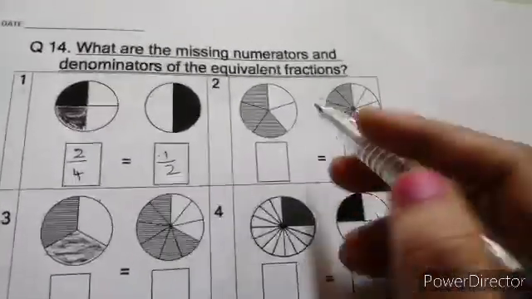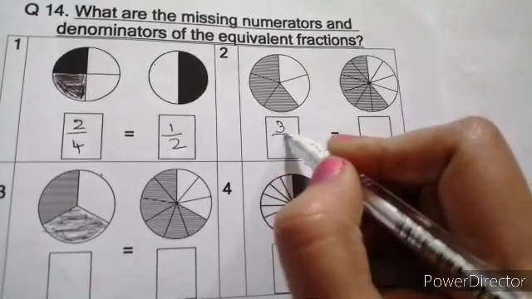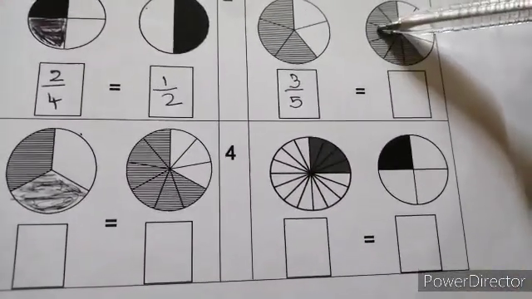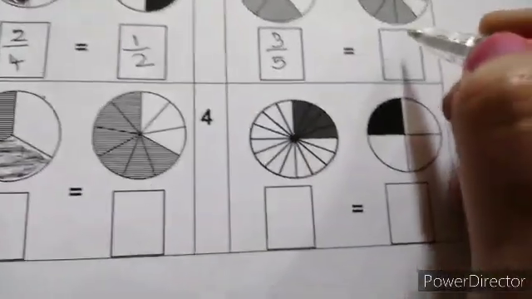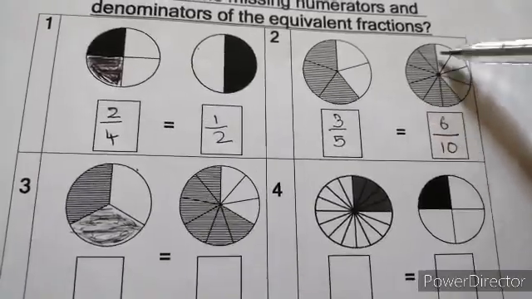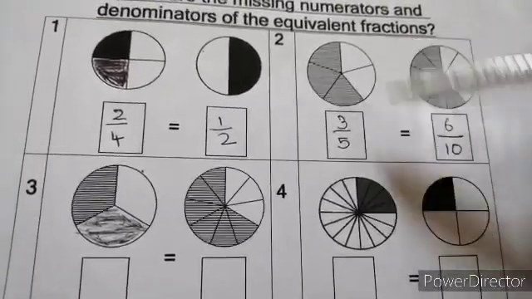Second one. 3 by 5. 3 by 5 is equivalent to 6 by 10. Yes, 6 divided by 10 total. So 3 by 5 is equal to 6 by 10.